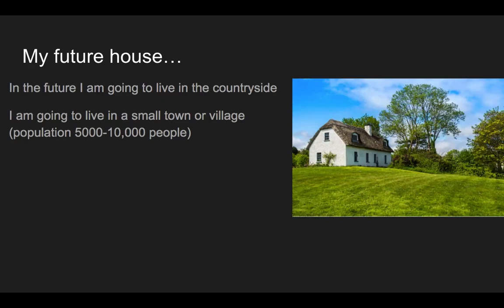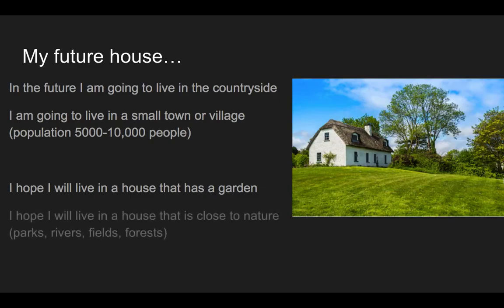A small place. I hope I will live in a house that has a garden, like this one. With a field and trees. And I hope I will live in a house that is close to nature. So close to parks or rivers or fields or forests.